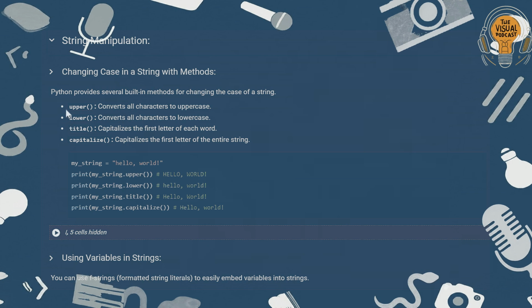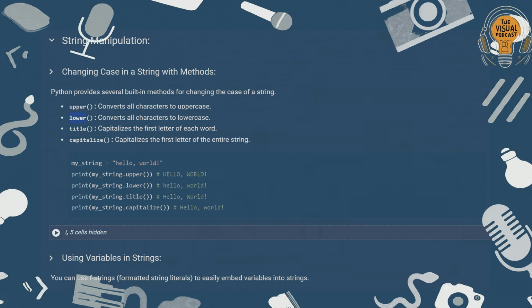Now let's move on to string manipulation. We can change the case of a string using methods. That's right. Python provides several built-in methods for changing the case of a string. For example, upper converts all characters to uppercase.